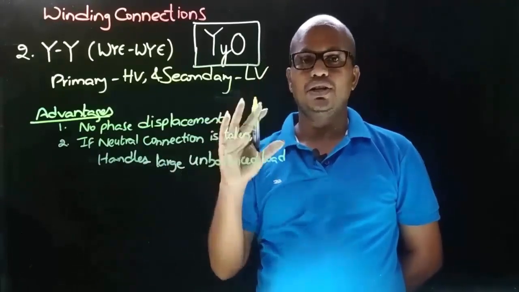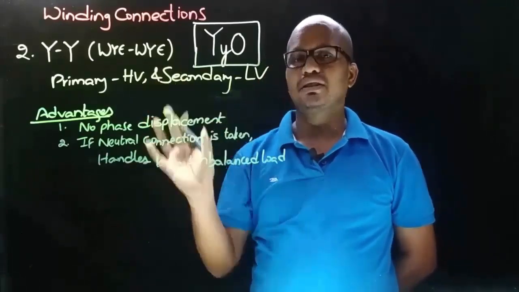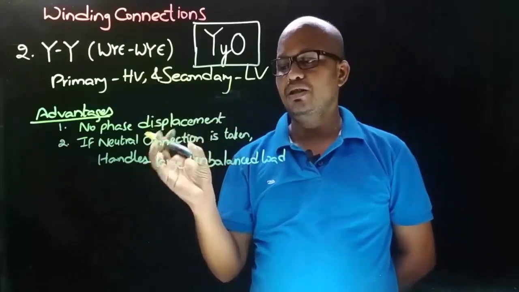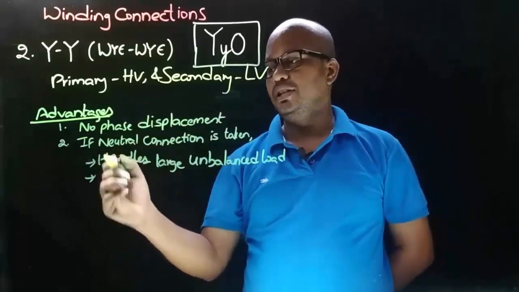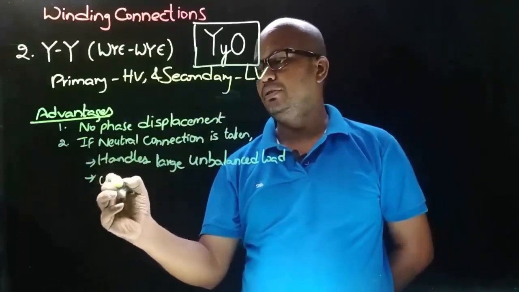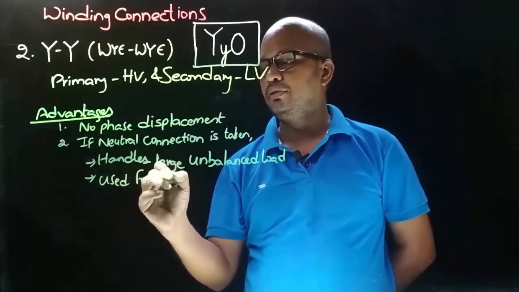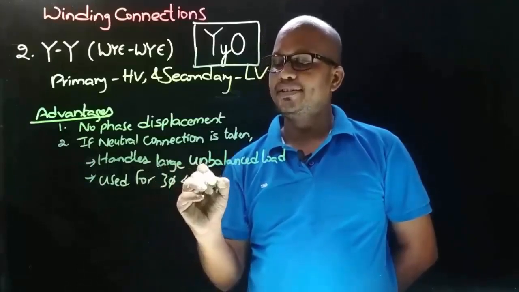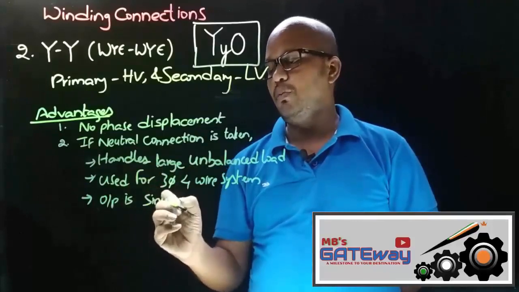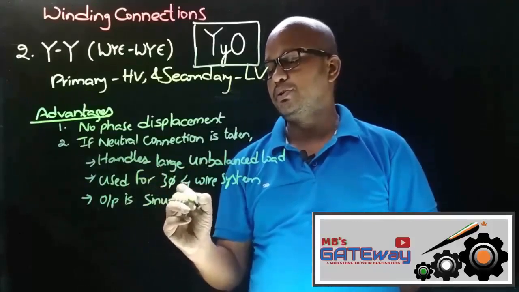So if the neutral connection is there, then the star-star connection can be used for large unbalanced loads. And if the neutral connection is taken, then it can be used for supplying a three-phase 4-wire system. And with neutral connection, output is sinusoidal.